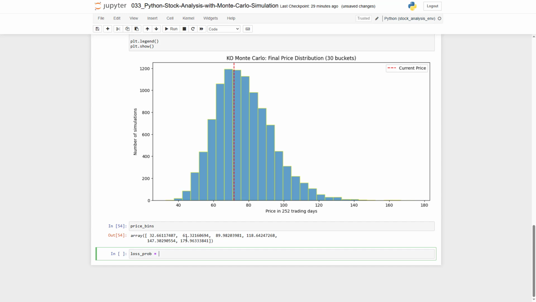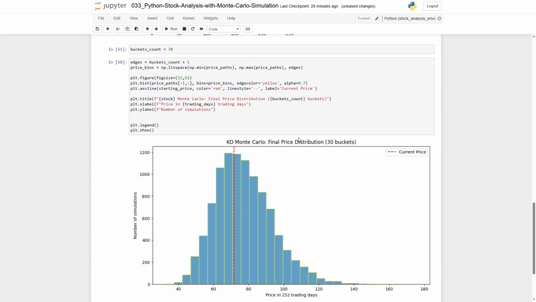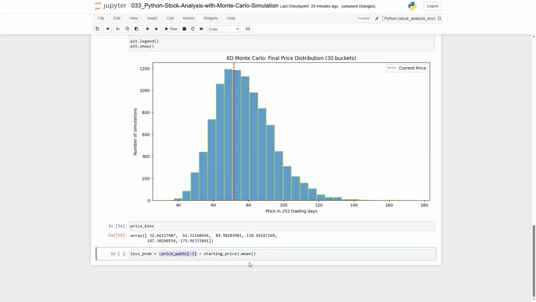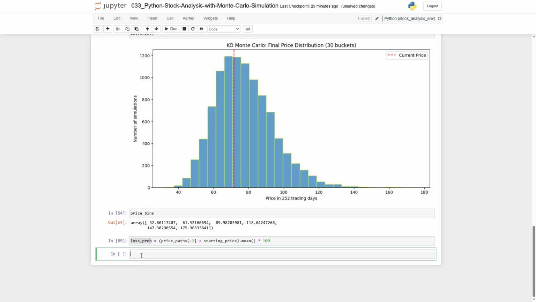So let's see how to calculate it. We have price paths, bigger than starting price. And then we care about the mean of this, taking index -1, the last one, pretty much the price on the last 252nd day. And then we get the mean, and because it's a probability, let's multiply by 100 and see what this is.